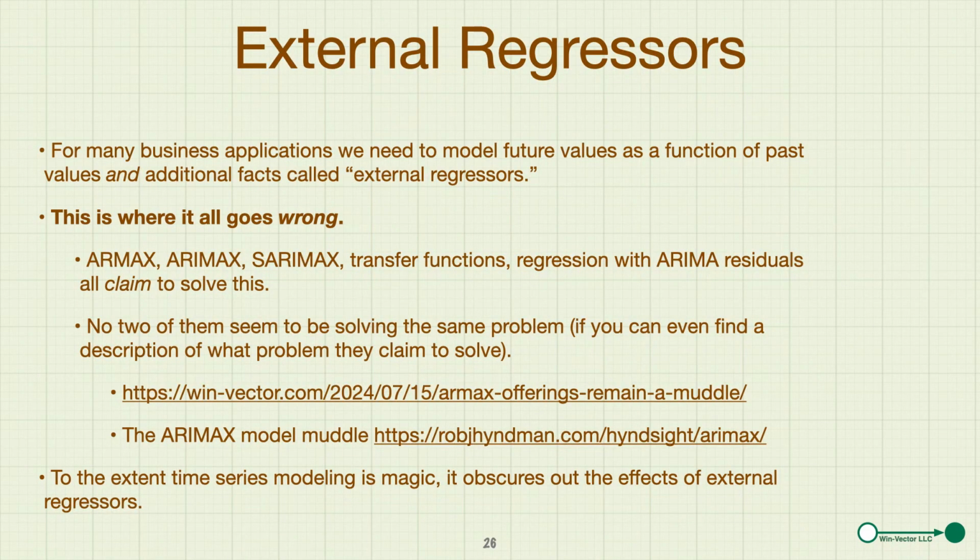As a business consultant, I'm very interested in non-negativity, that if I'm modeling a restaurant, I can't predict -5 customers. Yes, I know I can round that up to 0, but I'd like the model to respect that. And I also need external regressors.